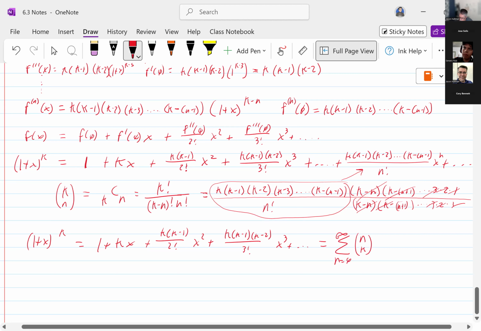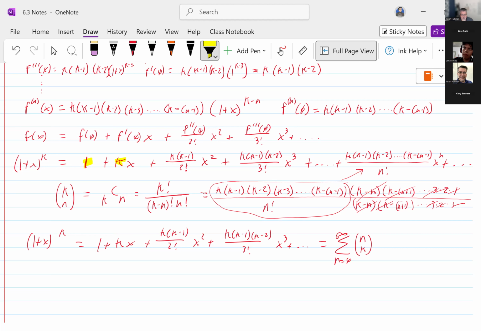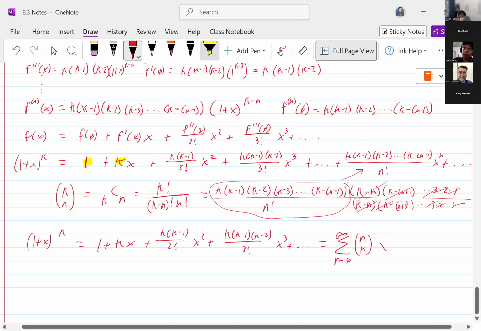That's my coefficient for each of these. Whatever polynomial you want to go to, for k, it's just going to be k choose n, out of k items choose n of them, times x to the nth power.